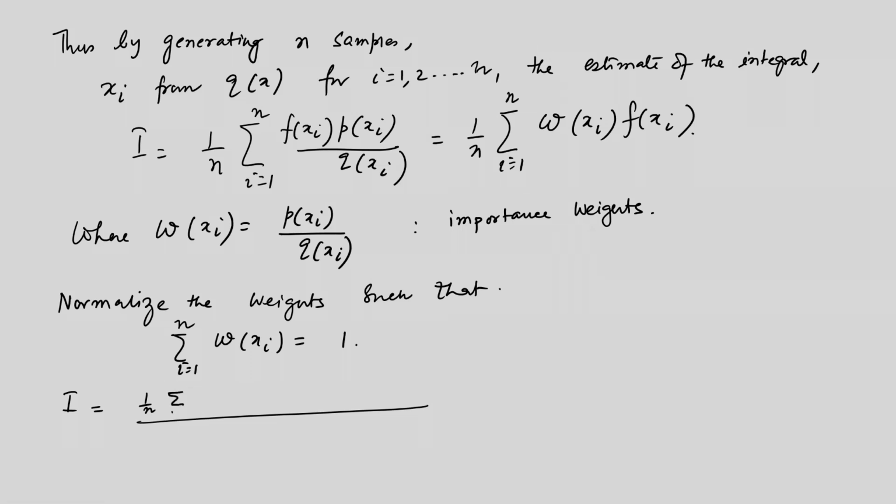So, i equal to 1 to n, and you have w(x_i) f(x_i).